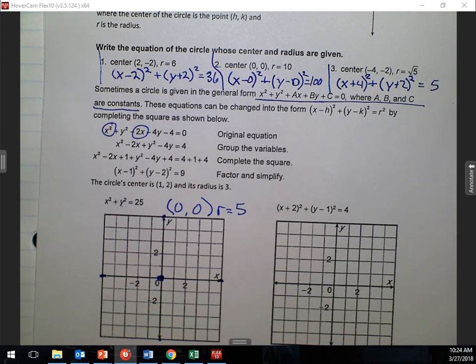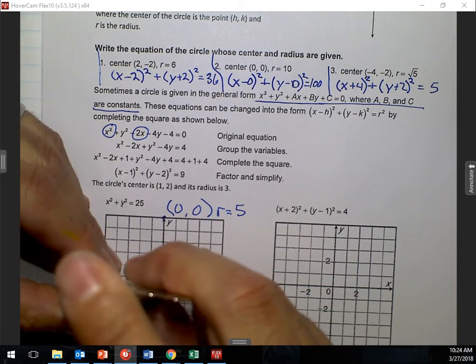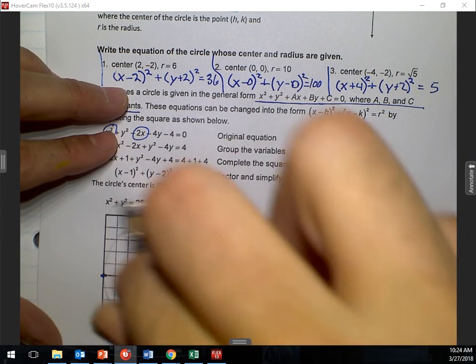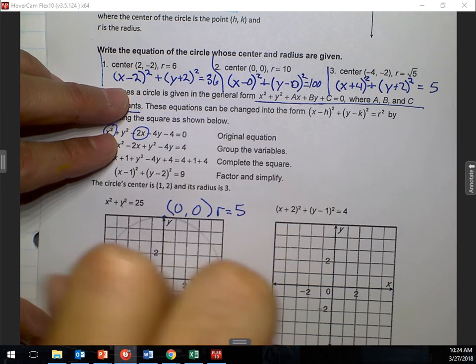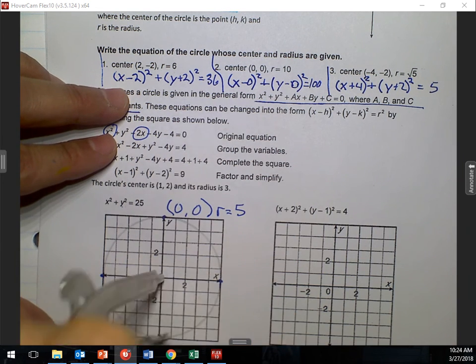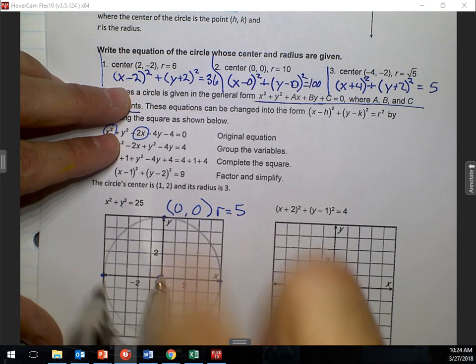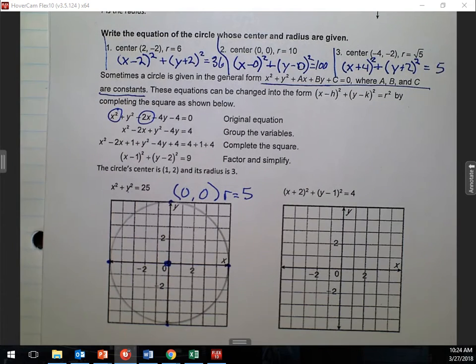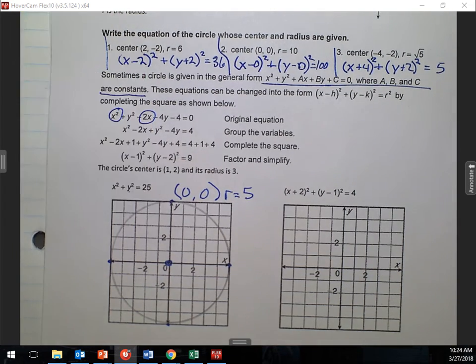Let's see if I could actually make a decent circle here. Hey, I made a decent circle. There we go. So that's what my circle is going to look like. It has a center at 0, 0 and a radius of 5.